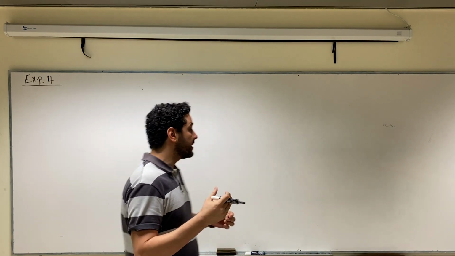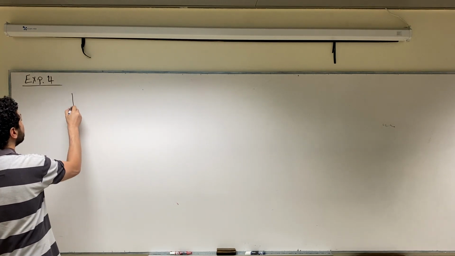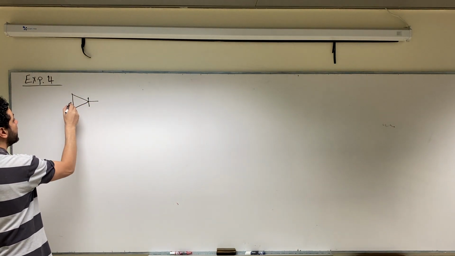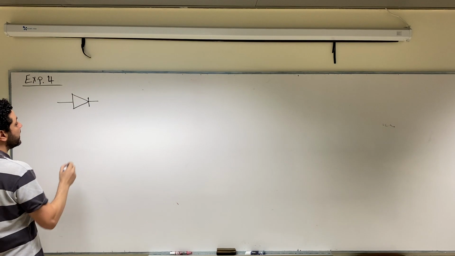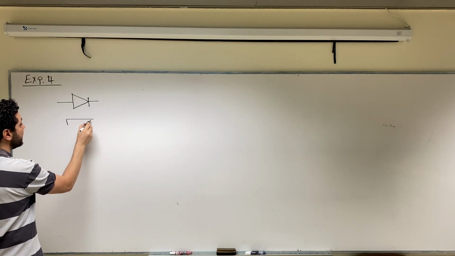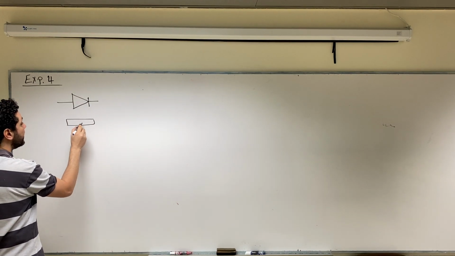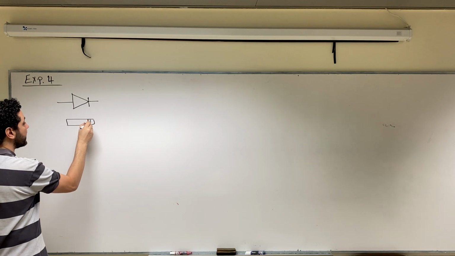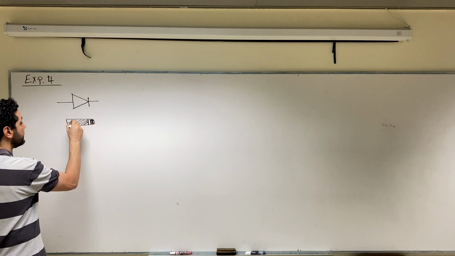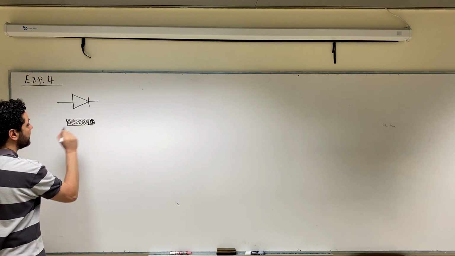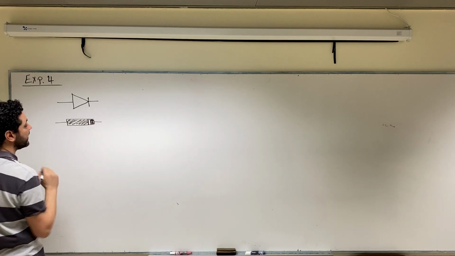in the lab is that the diode that you usually use this symbol for looks like this in the lab. It looks like a black cylinder with a silver line at one of the ends.